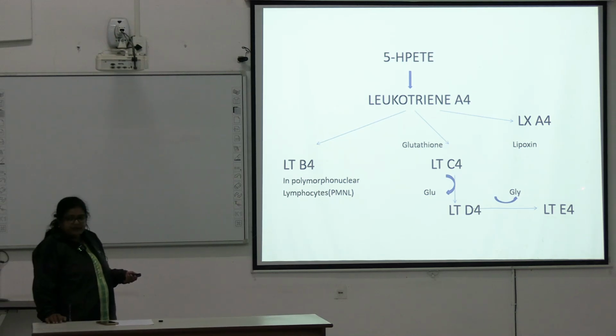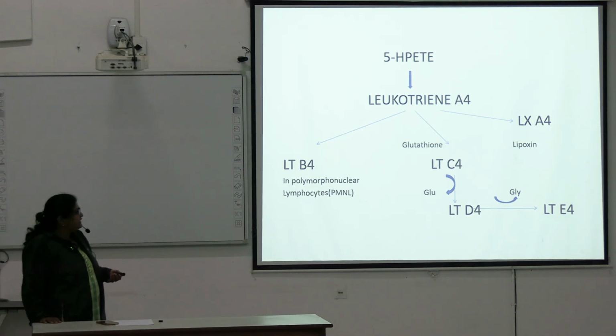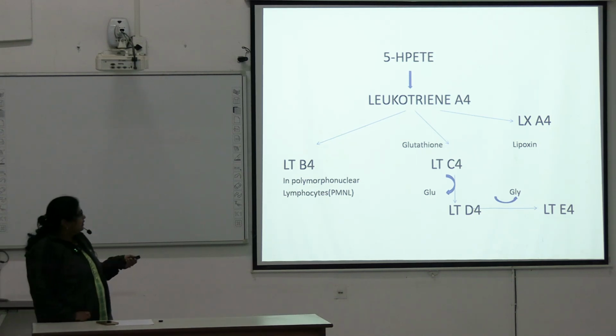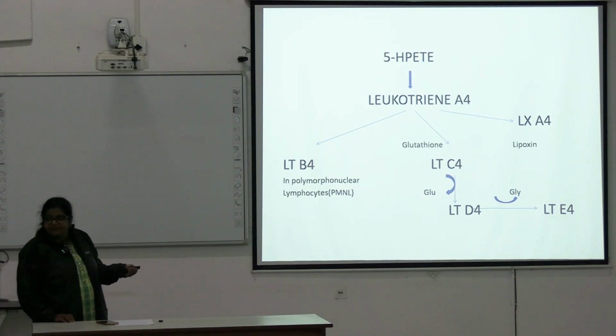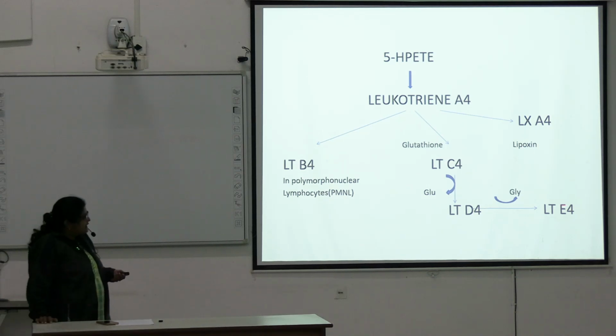Leukotriene D4 again releases the glycine amino acid and is converted to leukotriene E4. There are 3 amino acids within glutathione: glutamate, cysteine and glycine. By glutathione, leukotriene A4 converts to leukotriene C4. Releasing glutamate, it converts to leukotriene D4. Releasing glycine, it converts to leukotriene E4.